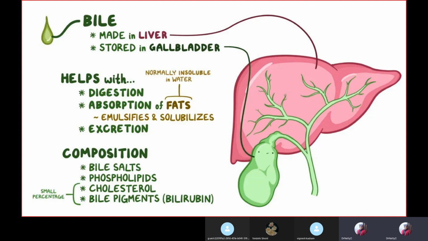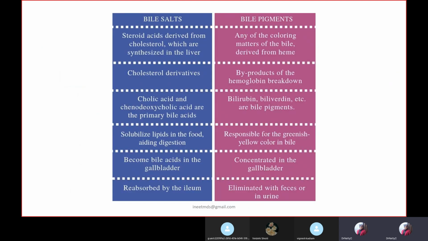This particular bile pigment is exclusively formed when hemoglobin is degraded from the heme. So this is the difference between bile salt and bile pigment. Bile salt is completely manufactured in the liver, whereas bile pigment, a very small component of the entire bile liquid, is formed from heme.